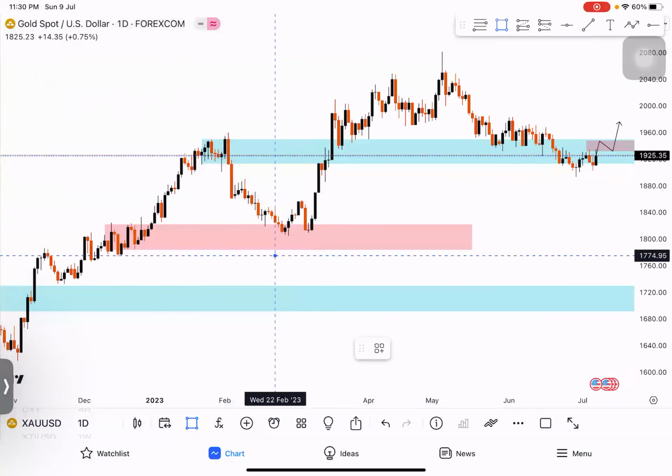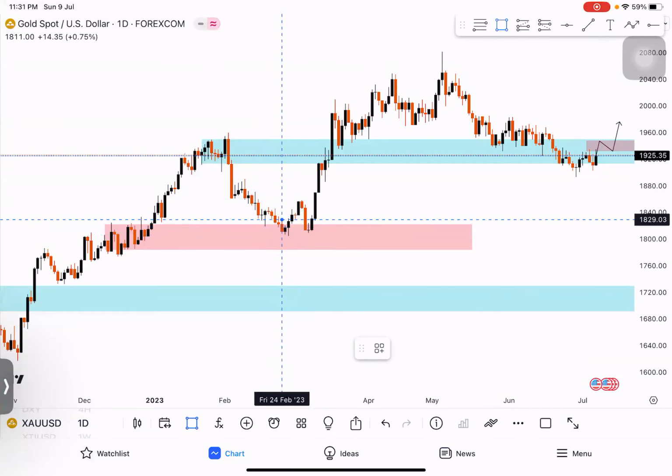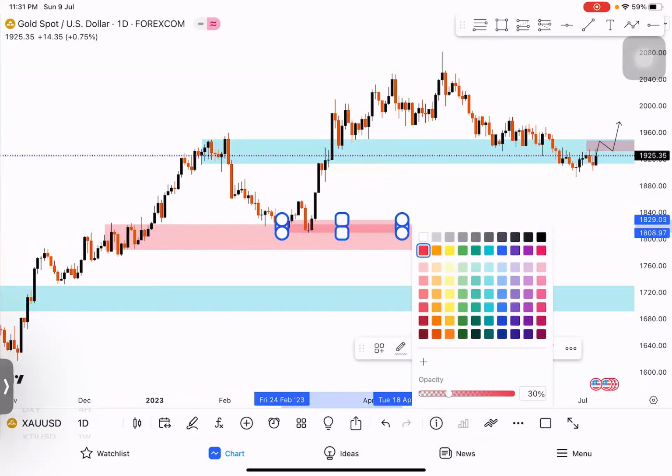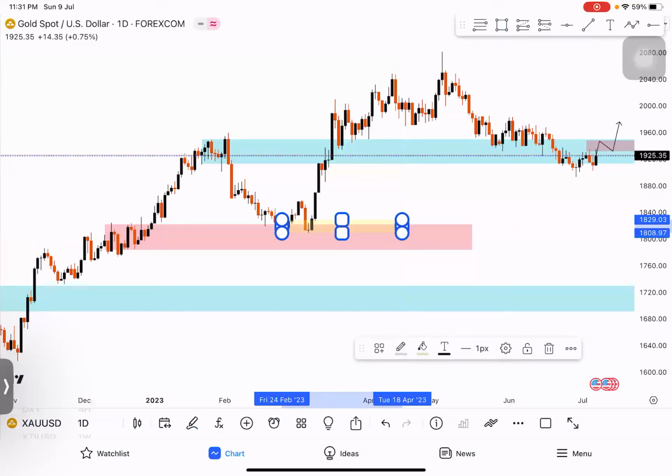This is the drop base rally. So I mark this new base, the new demand zone right here. I will just mark it, wait for the confirmations and buy in this zone. These are examples. We have to depend on whether it has already made a new zone or not.